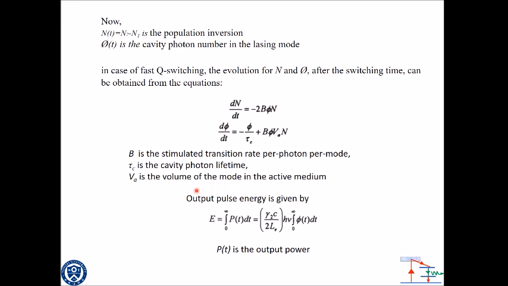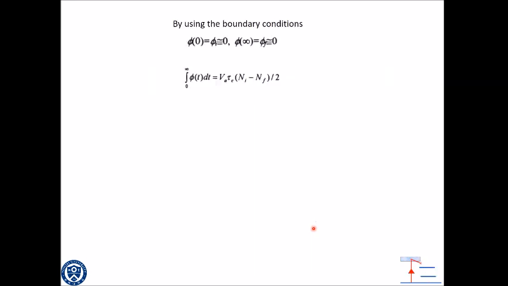The output energy can be given as E equal to the integration of P(t) from 0 to infinite time, where P(t) is the output power. By taking the help of the equations for the photoluminescence, we can write this.